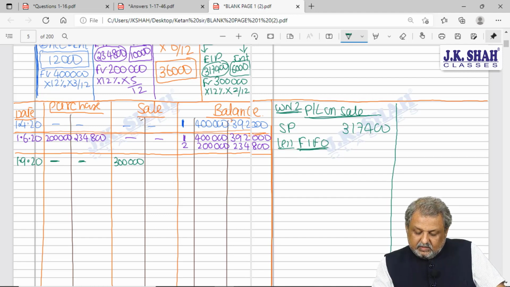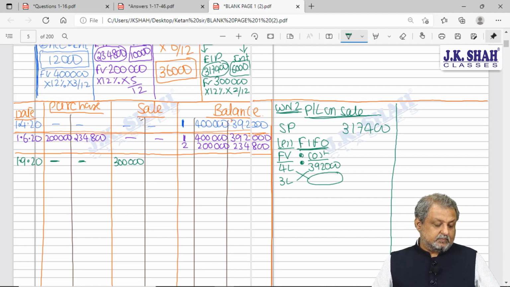But tell me, it is going out of the first lot of 4 lakhs, no? So 4 lakhs face value, cost 3,92,000. So 3 lakh is sold. How much is the cost?